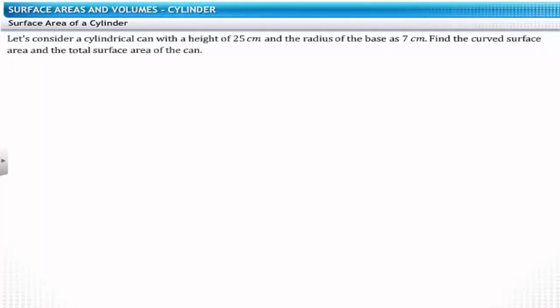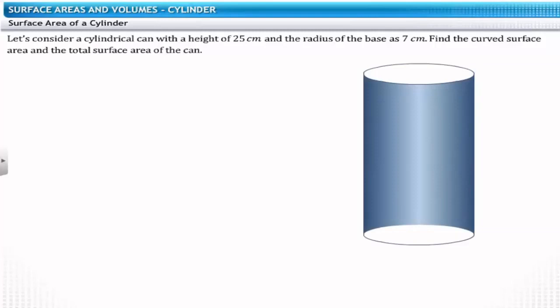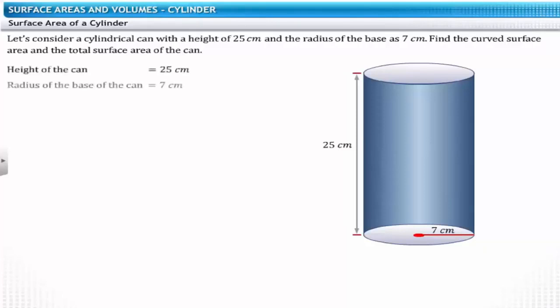Before moving on, let's take a moment to solve a simple problem. Consider a cylinder can with a height of 25 cm and the radius of the base as 7 cm. You need to find the curved surface area and the total surface area of the can. As the height of the can and its radius are given, you can directly substitute these values in the formulae for CSA and TSA.